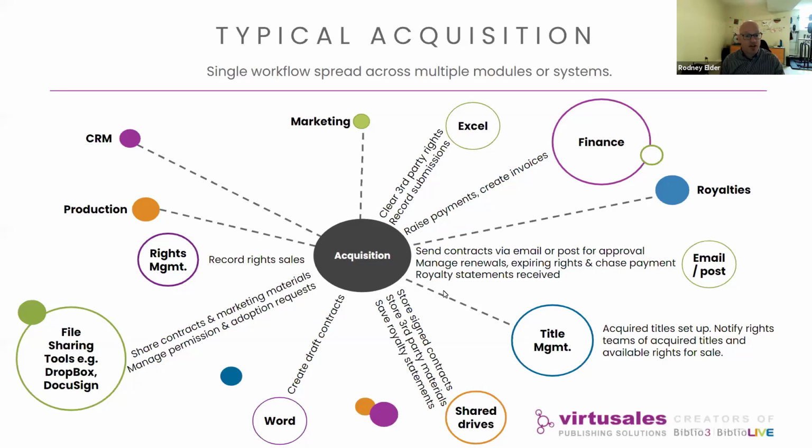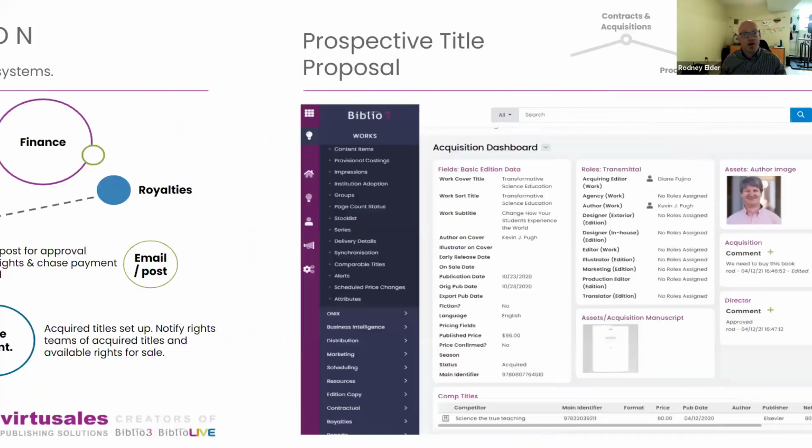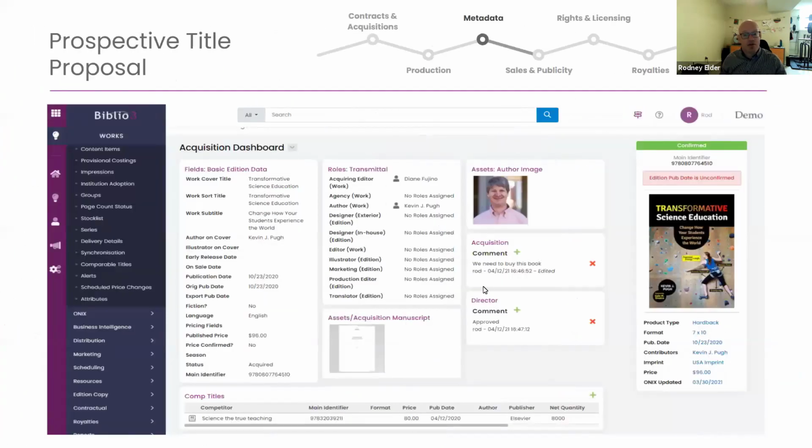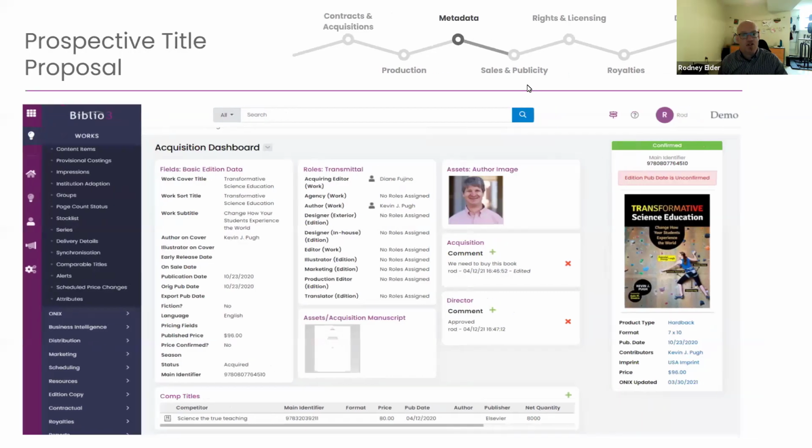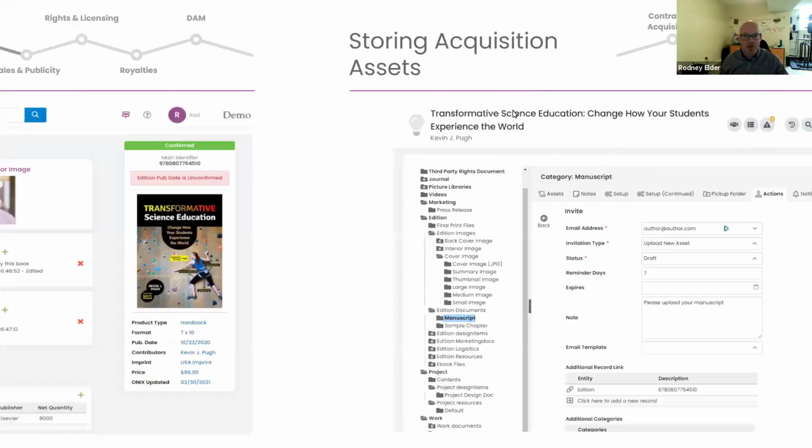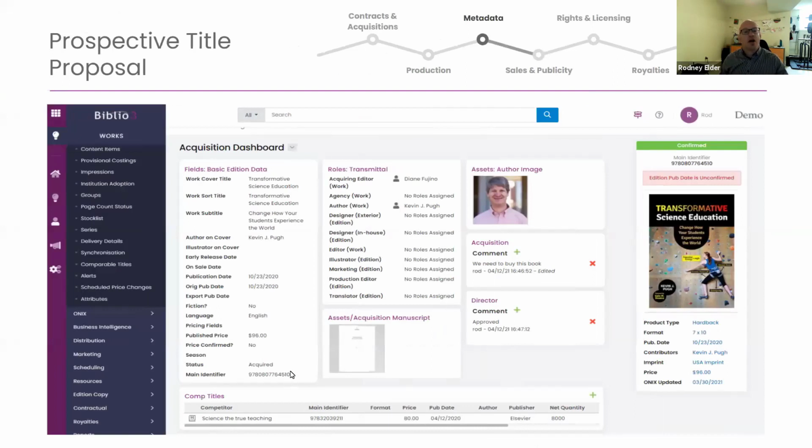We need to get the contracts done, or we've signed the contracts. That's when it starts its life for other departments to become aware of what's happening in the business. Now, what we'd like you to do is to think about the options of changing the way that people are interacting.